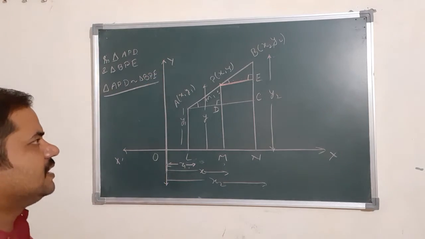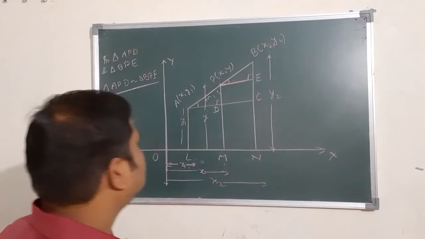So if these triangles are similar, then the sides are in the same ratio.